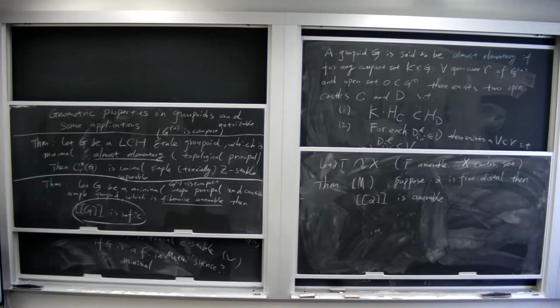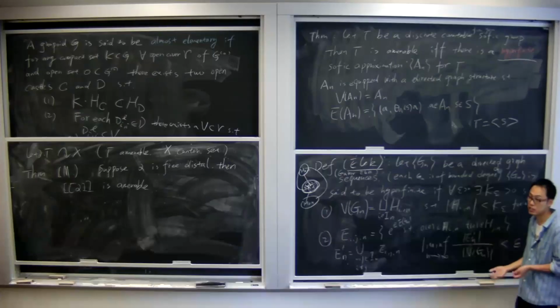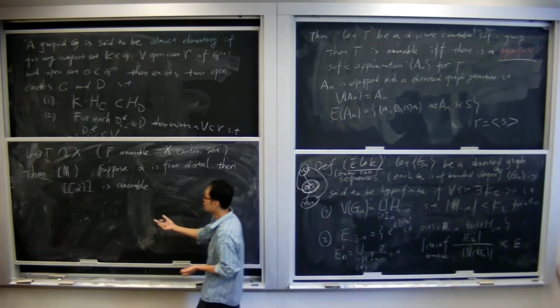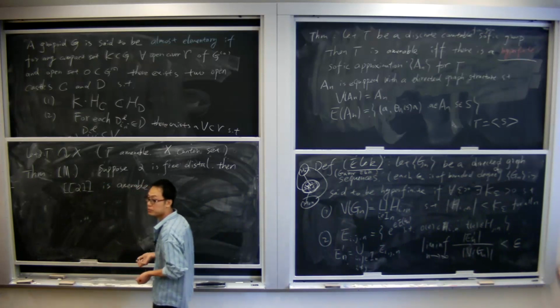Then we have to define or find the associated sofic approximation, and by quite complicated calculation and a complicated combinatorial method, you can indeed show that if your action is distal, then your sofic approximation is hyperfinite. Then your topological full group is amenable.